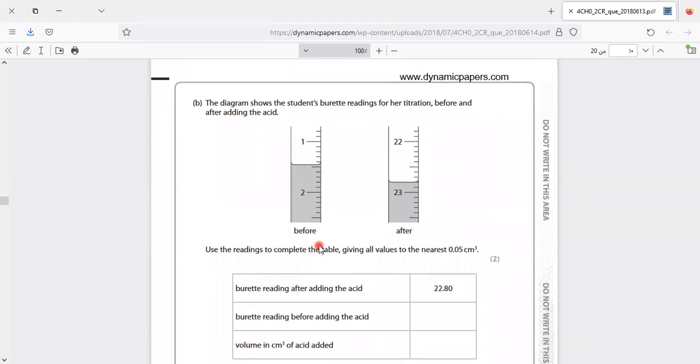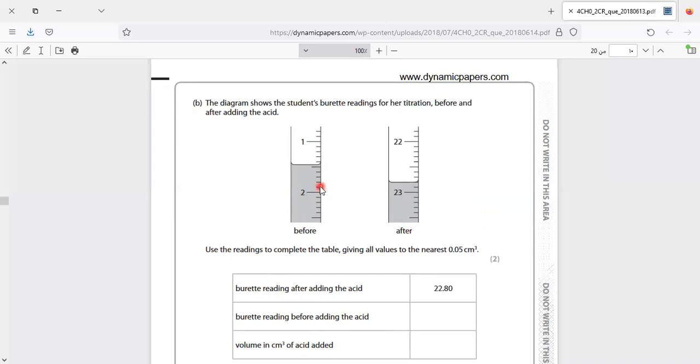Here you have to take a reading. I said before, when you start to take a reading, start from the lower number. So if you need to count here, don't count from 2.1. No, count from 1. Burette reading before adding the acid. You have to know the scale. What does the scale mean? The small line indicates what?